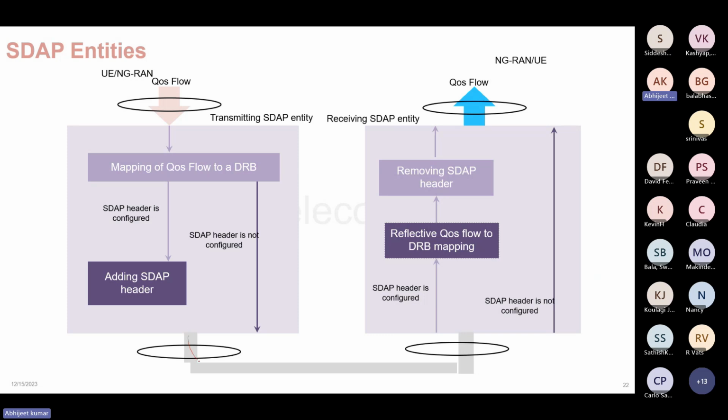So if you add it here and transmit to the other side, you have to remove the SDAP header, okay, and effectively demultiplex the incoming data into the correct QoS flow as per the correct DRB mapping. Then if the reflective QoS flow to DRB mapping applies here, then whatever mapping you do, just mirror it.